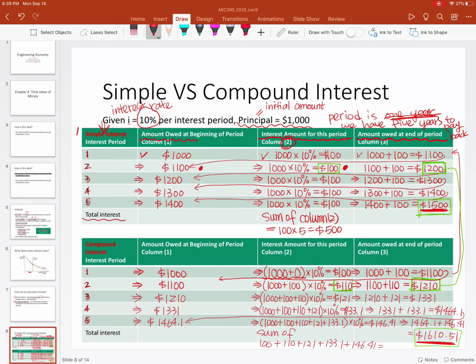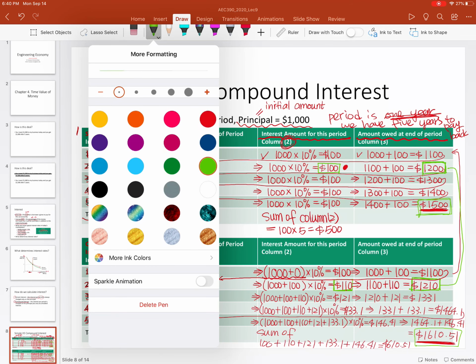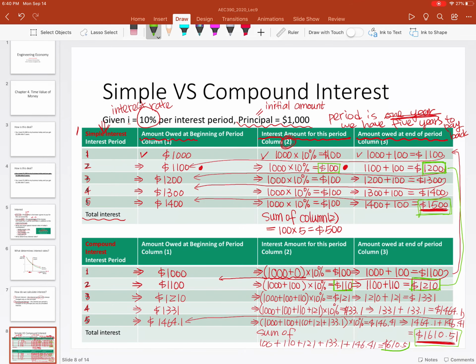It's 610.51. Okay, so in the end, the total interest you pay is greater than the 500 you would pay under simple interest.